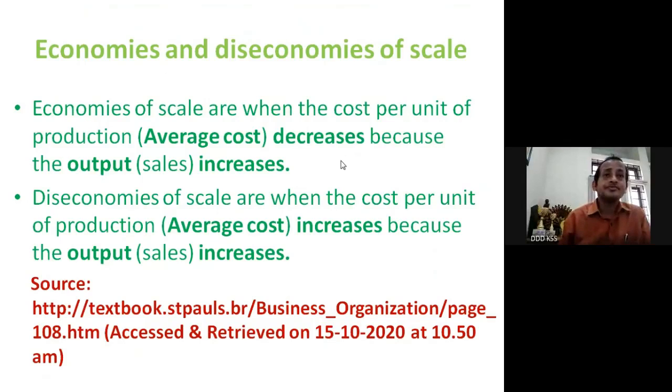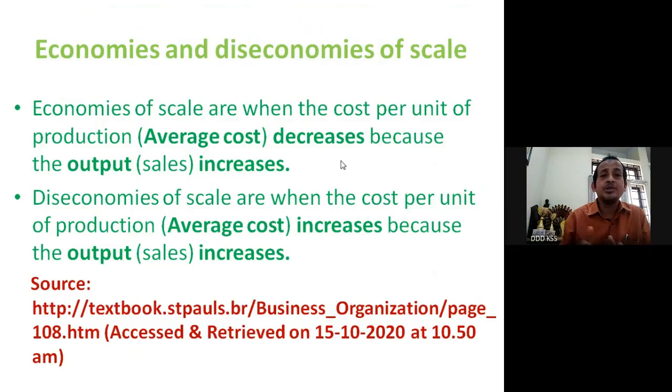Next, we'll discuss economies of scale and diseconomies of scale. Economies of scale are when the cost per unit of production decreases because the output, sales, or production increases. More simply, economies of scale refers to the scale at which an increase in per unit production takes place.